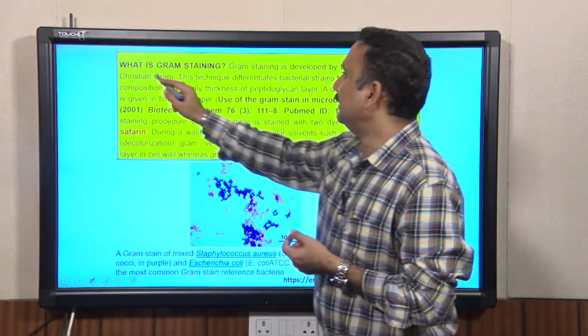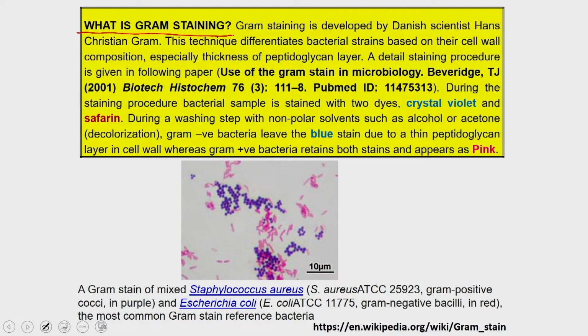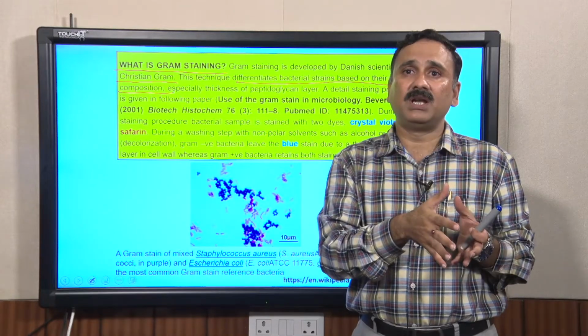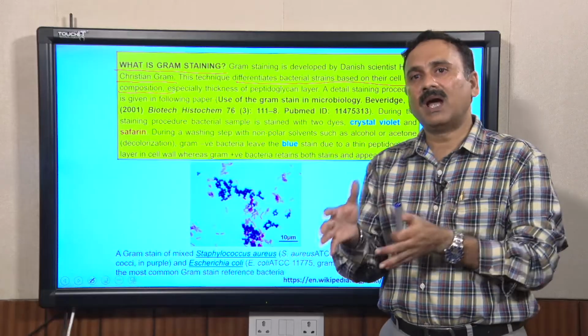There is a stain called the gram stain, which was discovered by a scientist called Hans Christian Gram, and this technique is useful for differentiating bacteria based on their cell wall composition, especially the composition of the peptidoglycan layer. A detailed procedure we have discussed when we were discussing the bacterial cell wall, as well as the utilization of the gram stain in differentiating the gram positive bacteria versus the gram negative bacteria.